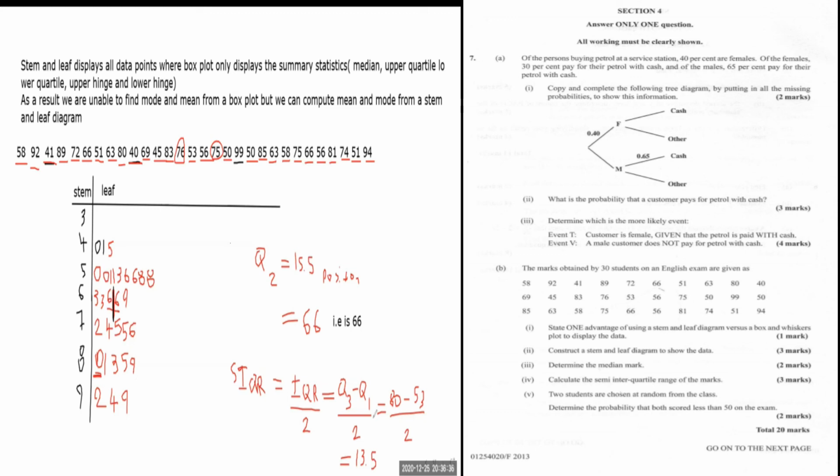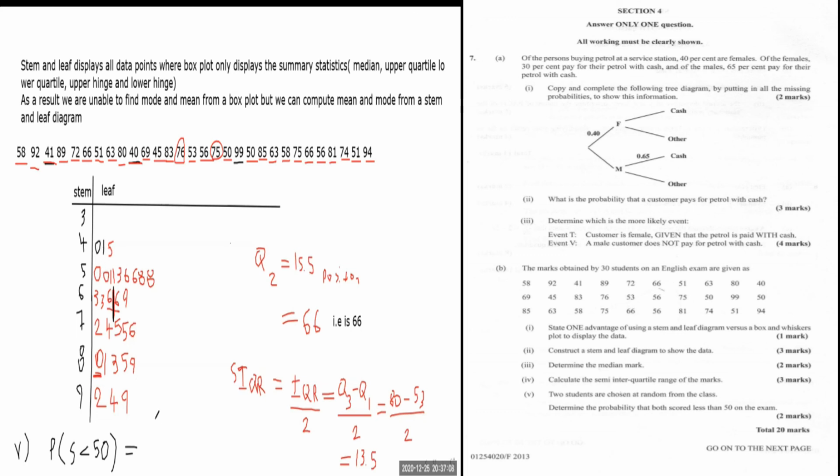Finally, it says 2 students are chosen at random. It says determine the probability that both scored less than 50 on the exam. So the probability that both of them scored less than 50. First, the probability that a student's score is less than 50: 1, 2, 3.